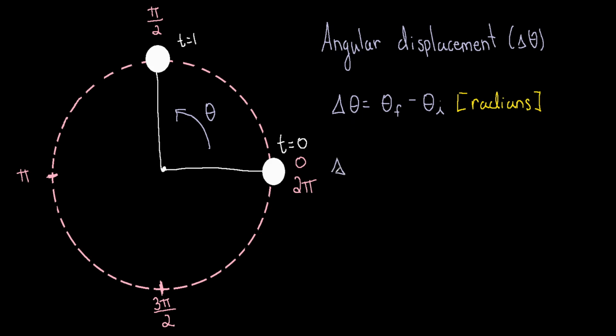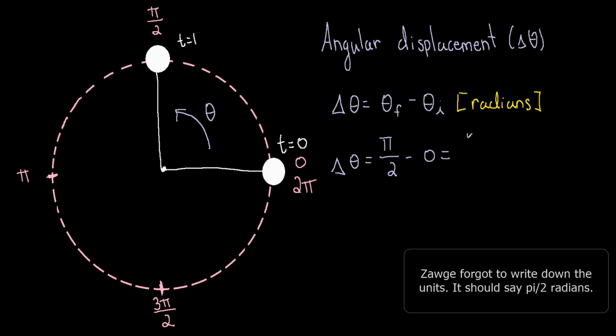Our angular displacement for the ball is going to be our final angle, which is at pi over 2 radians, minus our initial angle, which is at 0 pi radians, to give us a total of pi over 2 radians for our angular displacement.